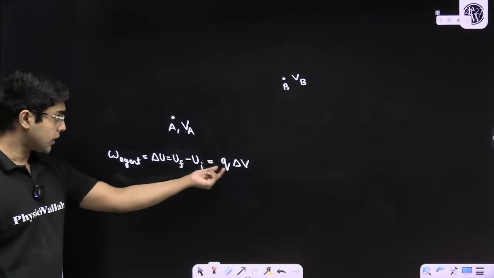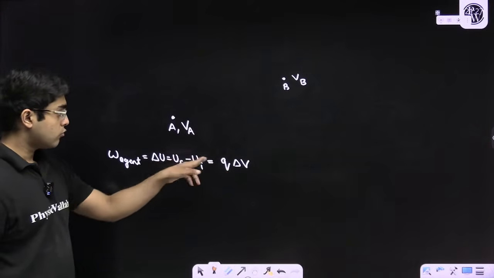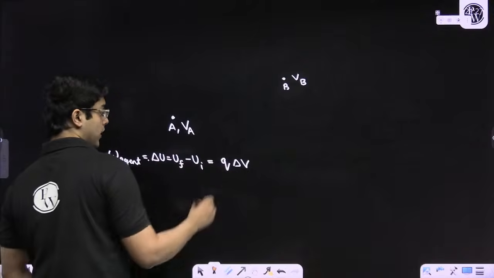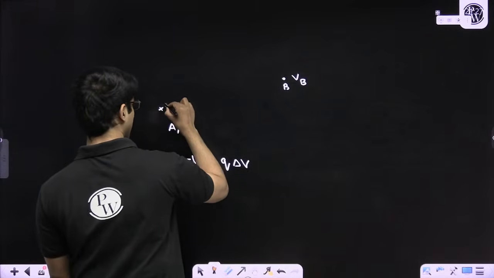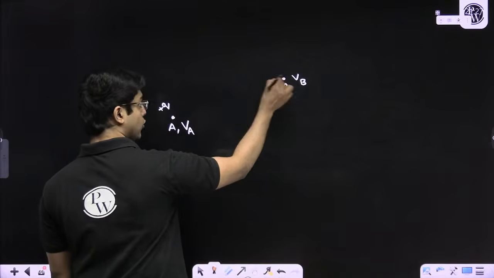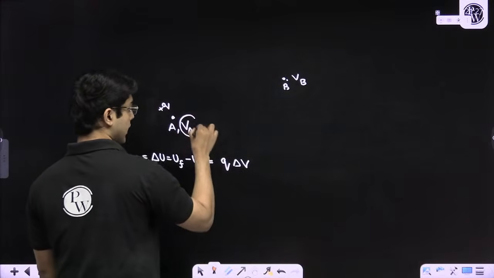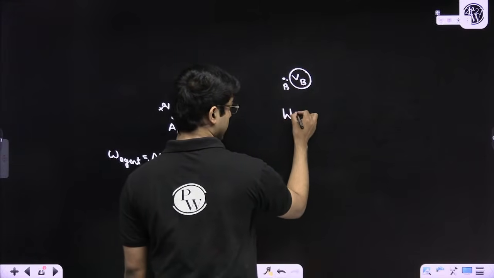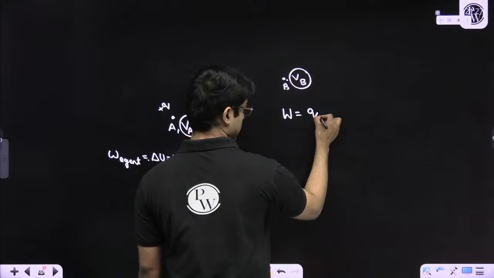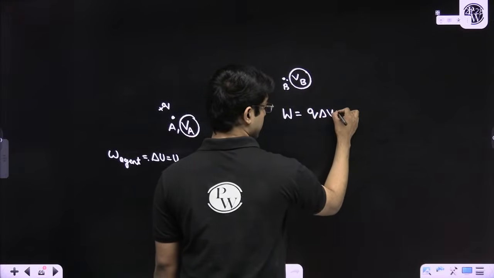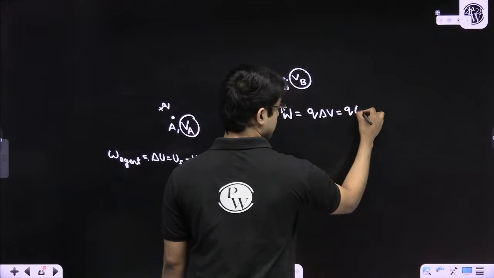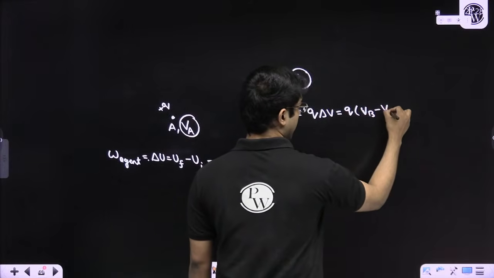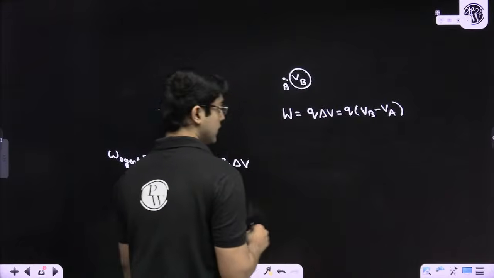Delta V was delta U divided by Q. So delta U, you can write it as Q into delta V. So if you are taking a plus Q particle from A to B and potential of A and potential of B is given, then the work that we have to do is simply Q delta V, which is Q into VB minus VA.